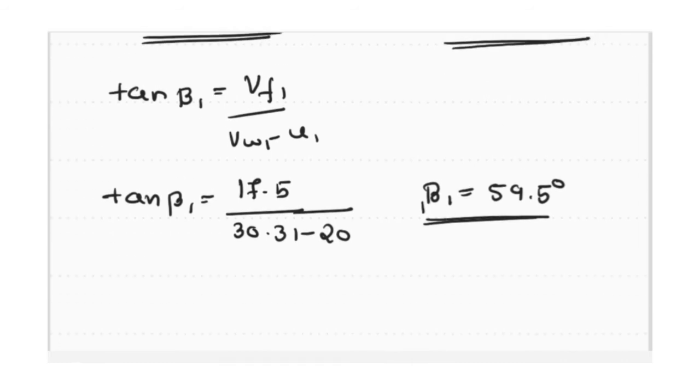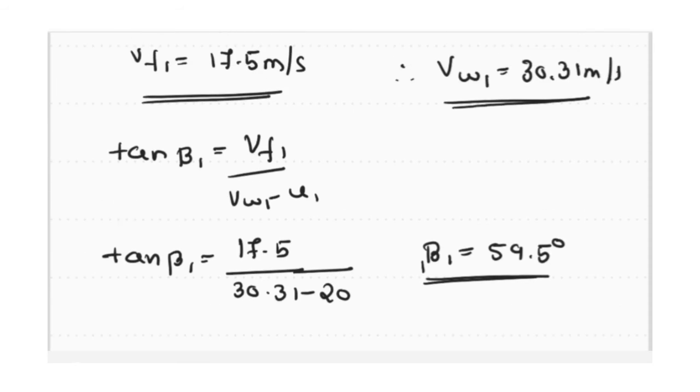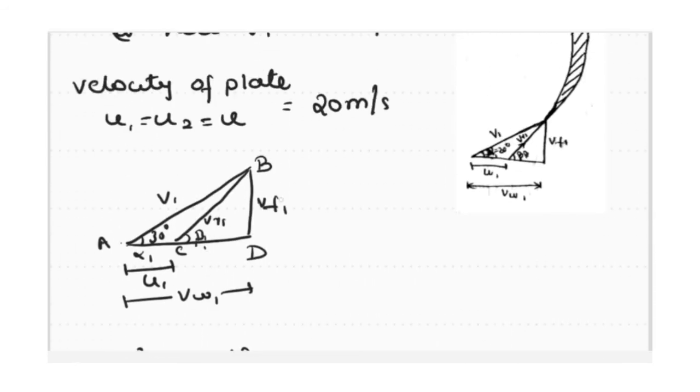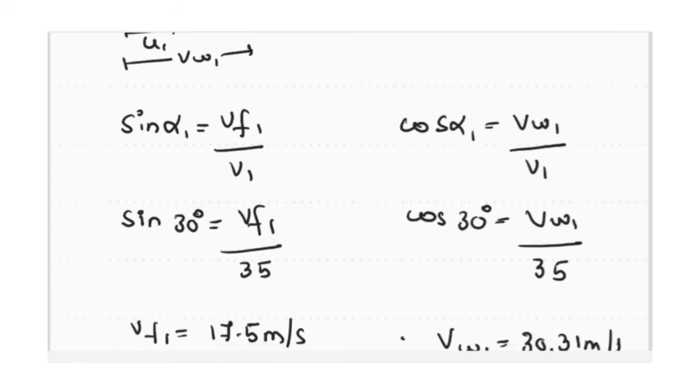Next, the one thing that is left is the relative velocity VR1. So how can we calculate VR1? We know VF1 and we also know beta 1. So we can apply sine beta 1 to the triangle BCD.